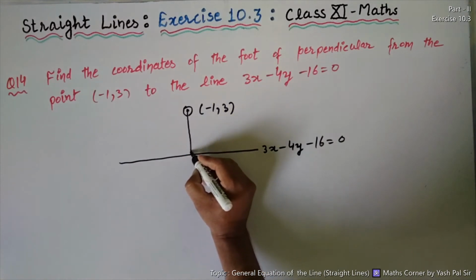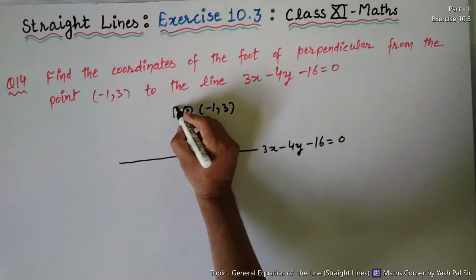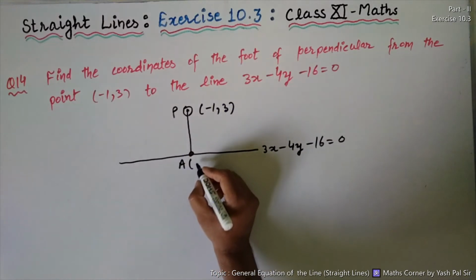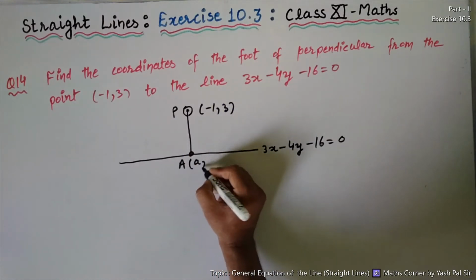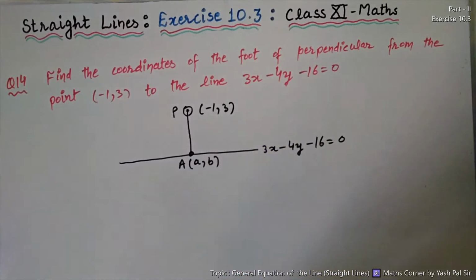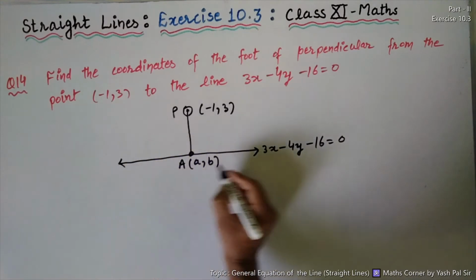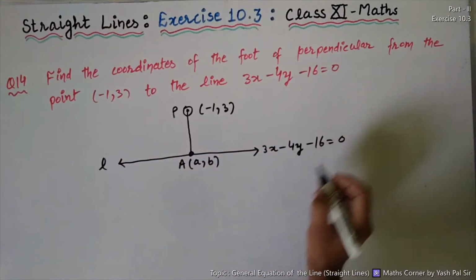Say this point is P and this point is A. A is the foot of perpendicular. Suppose the coordinates are a comma b, right? Now this is the line L.